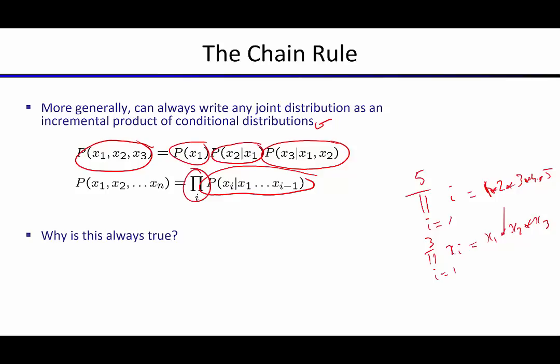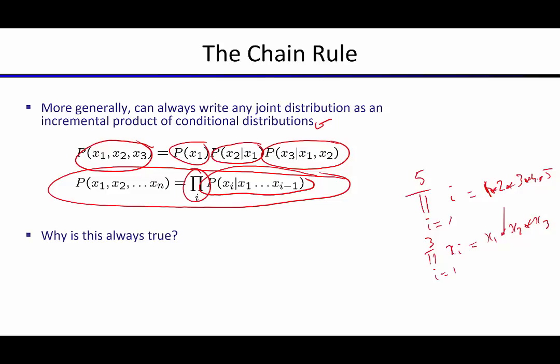We ordered our variables x1 through xn, and then we say the joint among all those variables is the distribution for x1 times conditional for x2 given x1 times conditional for x3 given x1 and x2 times conditional for x4 given x1, x2, x3, and so forth. And any joint distribution can be written this way, where we don't have to specify the joint. We can just specify distributions for individual variables conditioned on some other variables, which is often a lot easier to do than specifying the full joint.